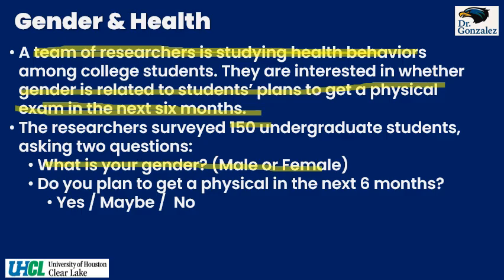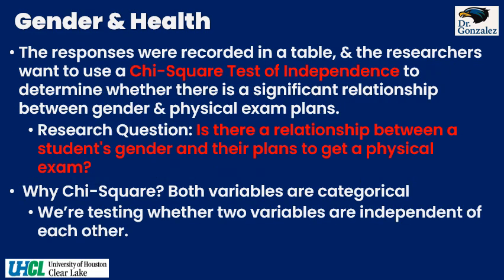They asked them their gender, male or female, and their plans to get a physical in the next 6 months. So we are conducting a chi-square test of independence, looking at whether there is a relationship between gender and getting a physical exam.